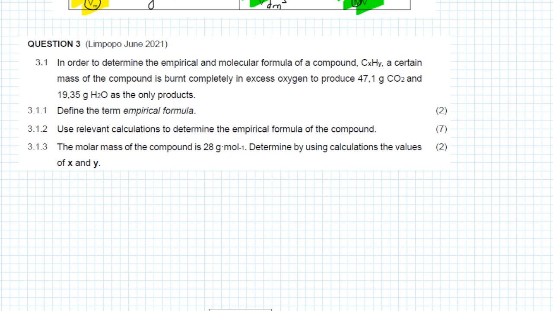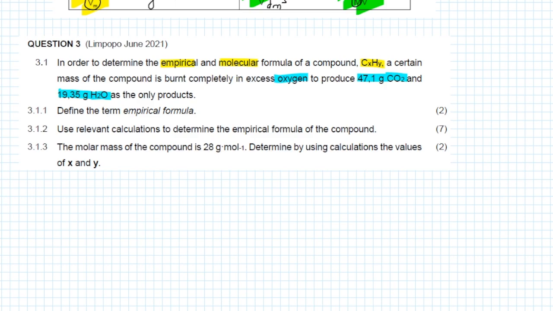Question number 3 says, in order to determine the empirical and molecular formula of a compound, CxHy, a certain mass of the compound is burned completely in excess oxygen to produce 47.1 grams of carbon dioxide and 19.35 grams of H2O as the only products.